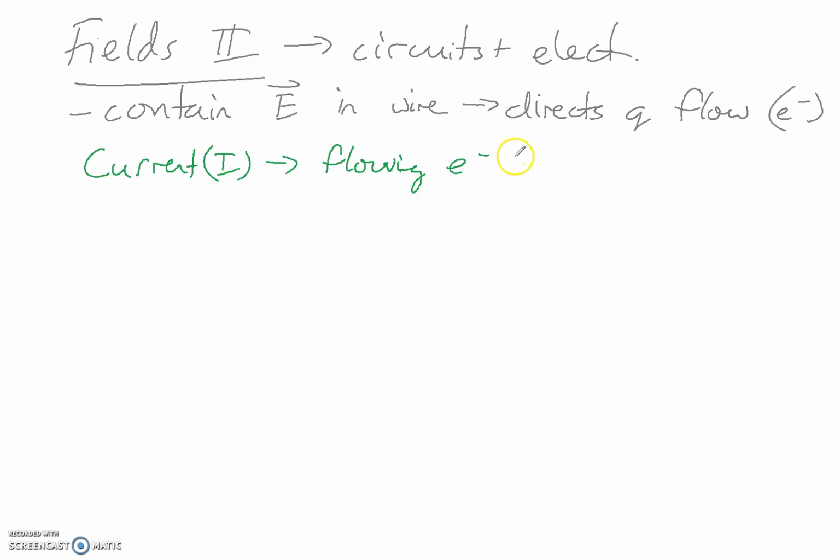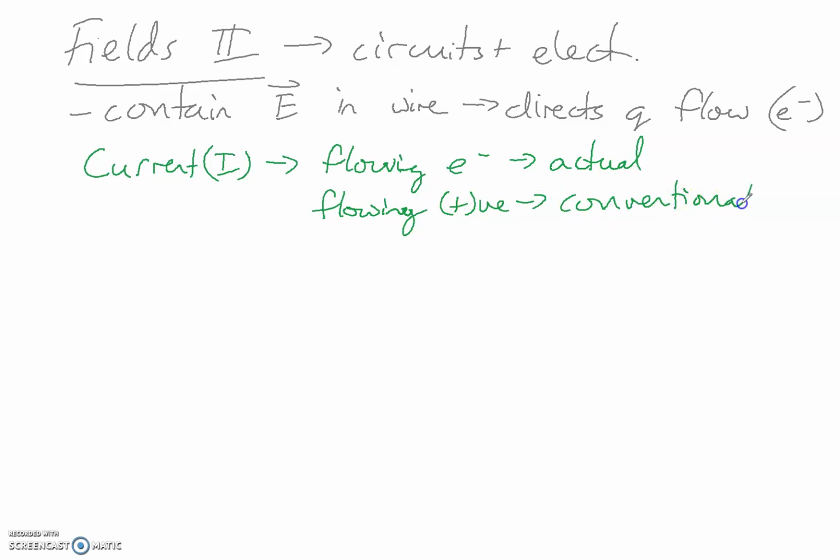Okay, now, if you remember from grade 9, there are two typical types of current. The whole flowing electrons idea is often referred to as actual current, but there's another idea out there of flowing positives, and this is called conventional current. I guess when they started doing this way back when, they thought it was positives going from one place to another, and then they eventually found out it was negatives going the other way.